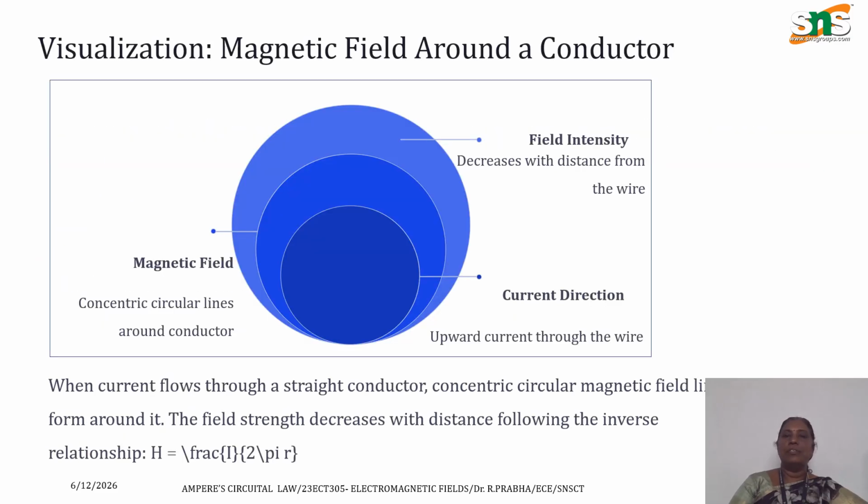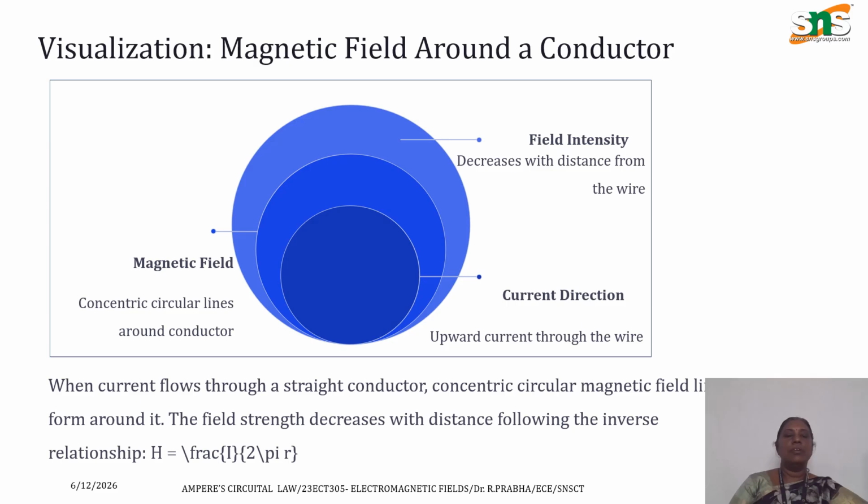Now we are visualizing the magnetic field around a conductor. When there is a current flow, a magnetic field is generated and it forms concentric circular lines around the conductor. The direction of the current is upward through the wire, and the field intensity decreases as the distance from the wire increases.